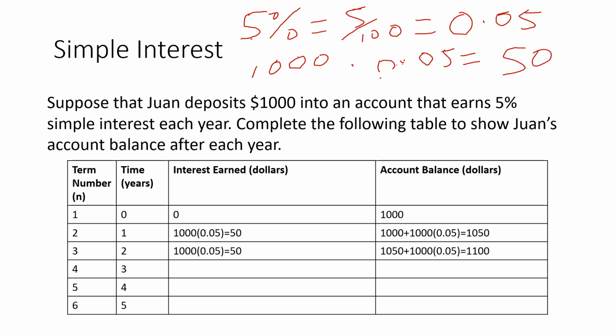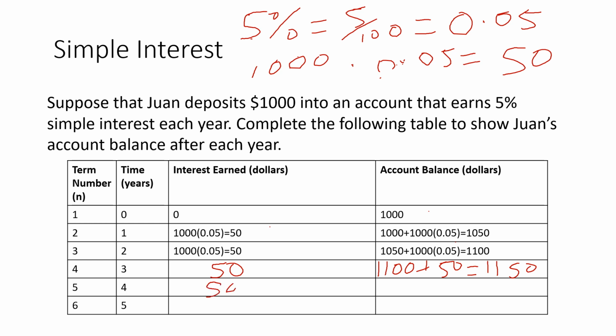So you see at 0, one's balance is 1,000, what he puts in. So the interest he earns is $50 the first year, which is added to his account. It becomes 1,050. Second year, another $50 is added. It becomes 1,100. Now we put another 50 in the third year, so 1,100 plus 50 is 1,150.